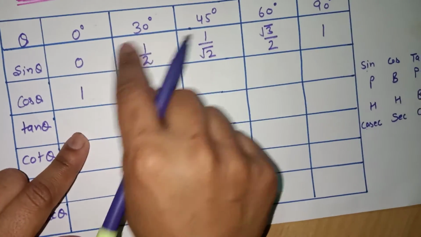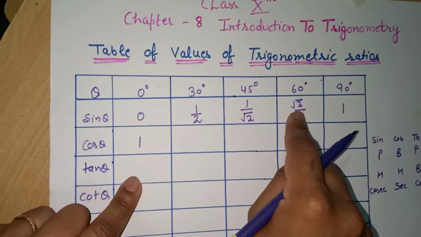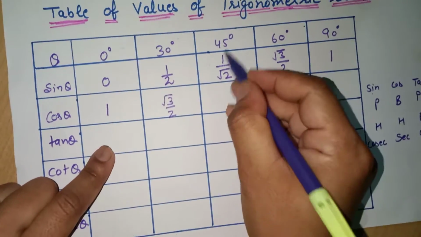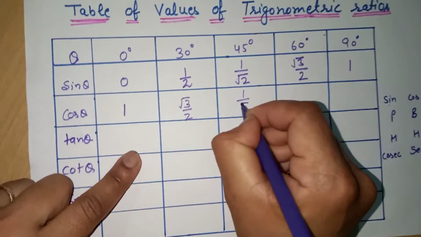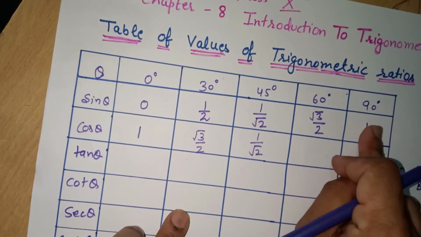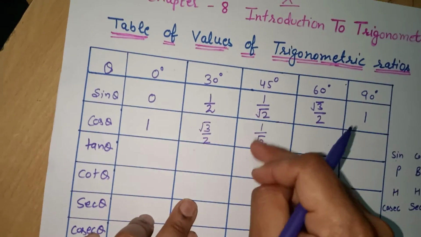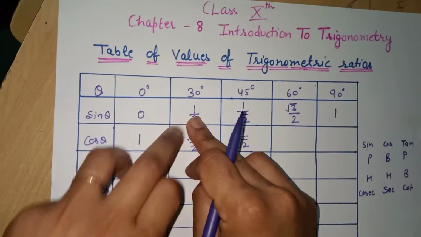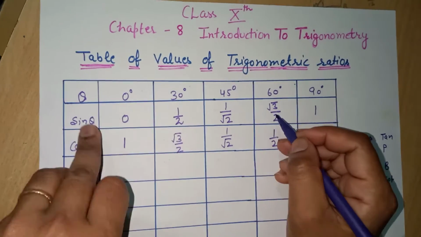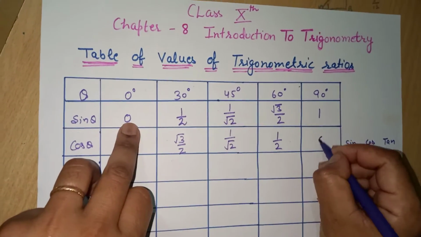And cos 30 will be equal to the value of sin 60 degrees, so we will write here under 3 by 2, and this value here remains the same. Just bring the backward value to the front: 1 here, under 3 by 2 here, 1 by 2 remains here, and after that cos 60 degrees is equal to 1 by 2, and cos 90 is 0.